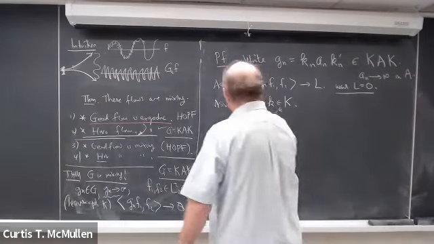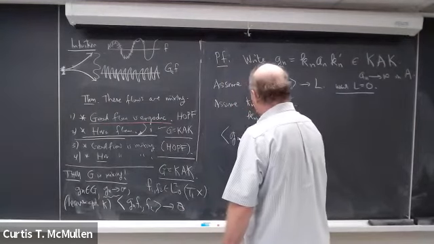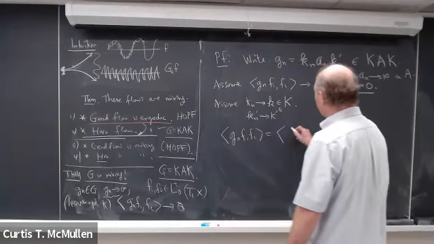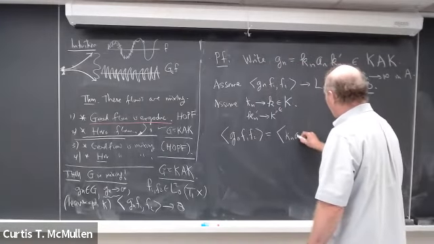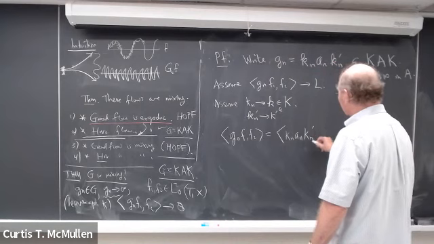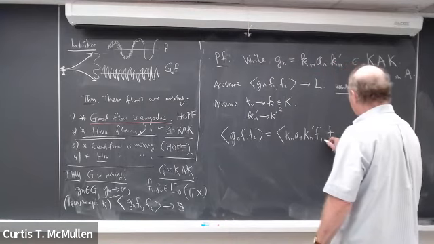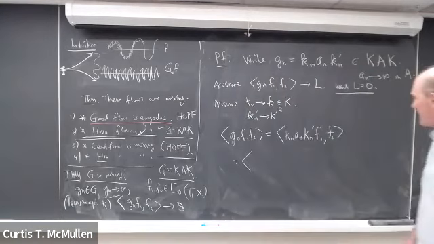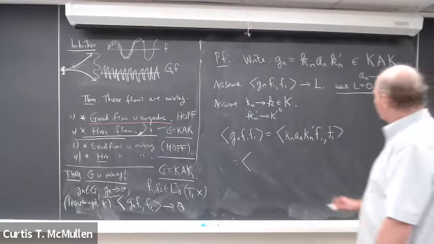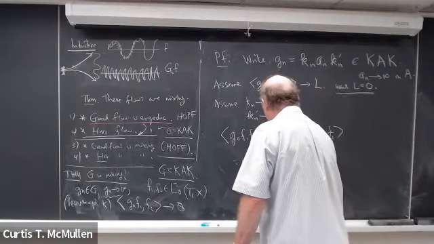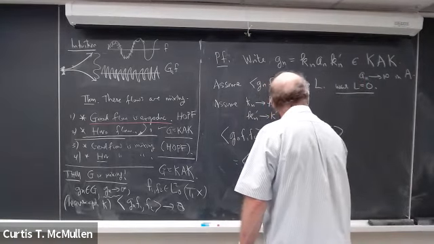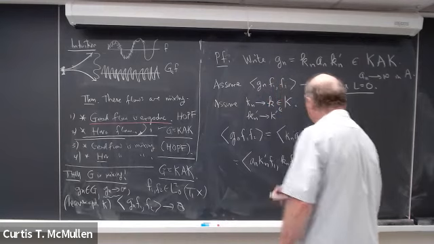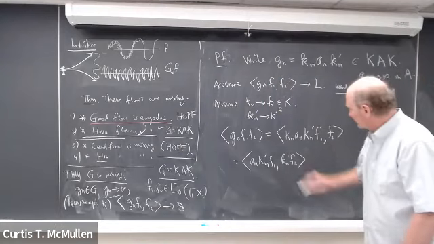And now, again, don't blink. So the inner product of g_n F1 and F2 is equal to k_n a_n k_n prime F1 with F2. And now, as usual, we use the fact that these operators are unitary. So this is the same as a_n k_n prime F1 with k_n inverse F2.